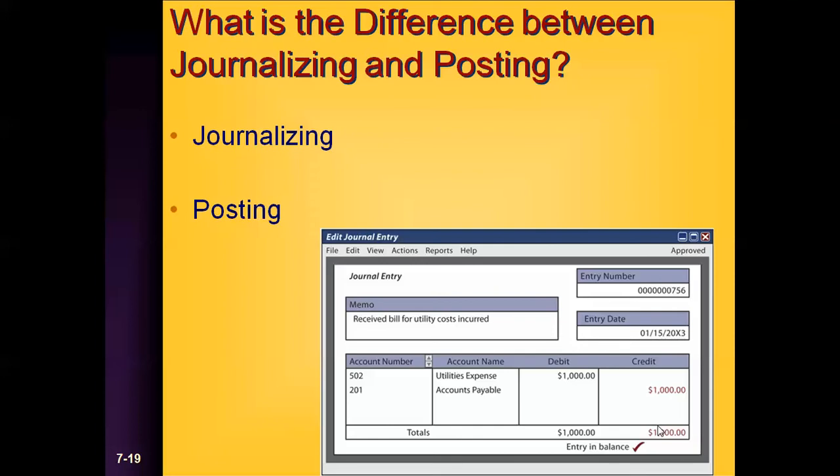When you make a sale, that could affect accounts receivable, that could affect cash, it could affect a variety of things, as we talked about in the prior video. So the journal is kind of the higher level document that records the major event, but posting is the process of actually recording that to the appropriate ledger account.